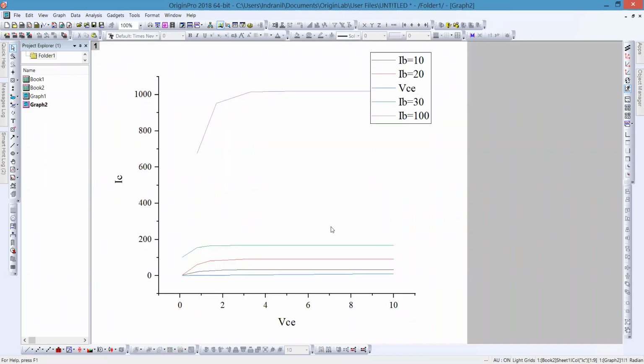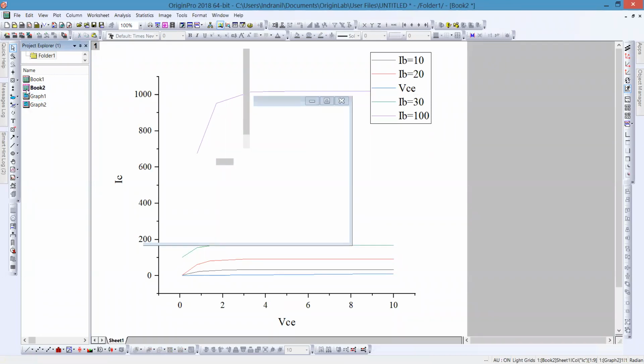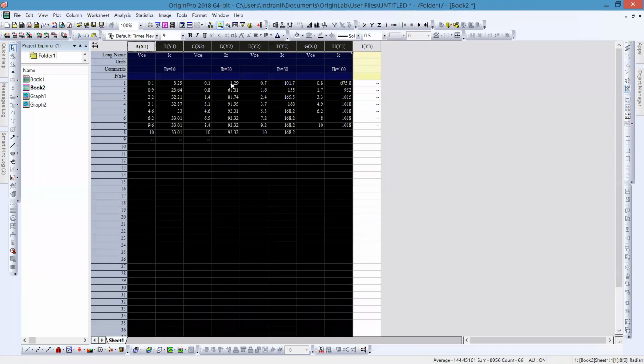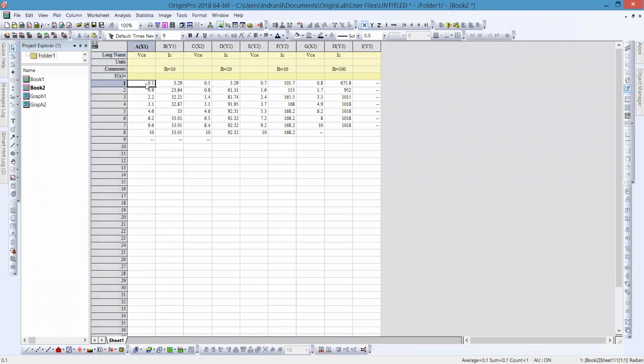Oh, what is this? VCE only? Which curve was it? Oh, I think some mistake is there. Which one is only VCE? Okay, but it should not be in that way. IB 20 will be there.